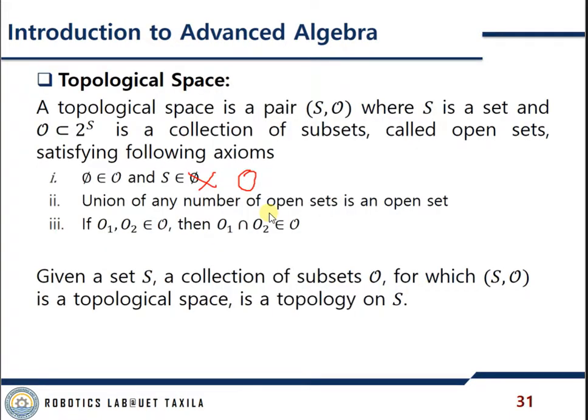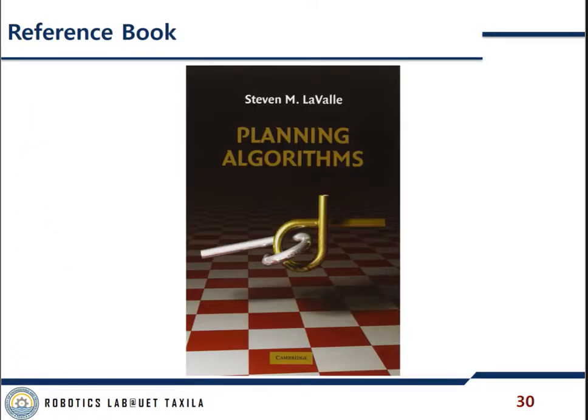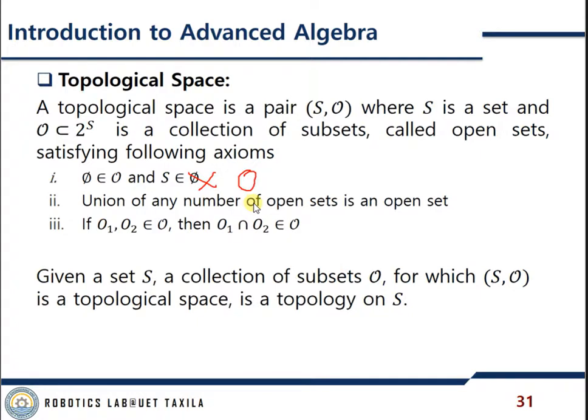Let me do it one more time. I have taken this definition from this book. A topological space is a pair (S, O) where S is a set and O is a collection of subsets called open sets. This collection of subsets satisfies the following axioms.